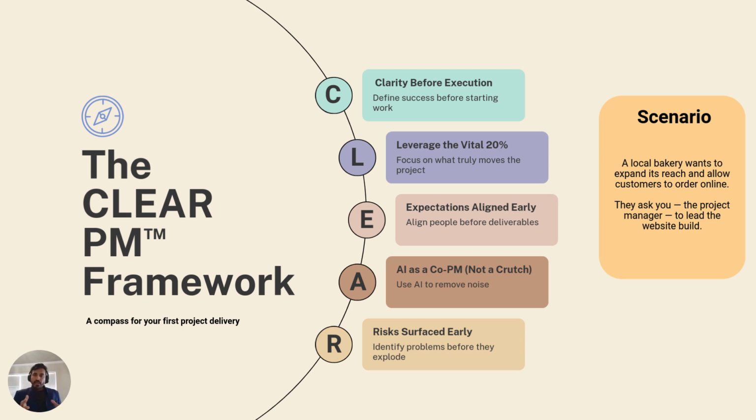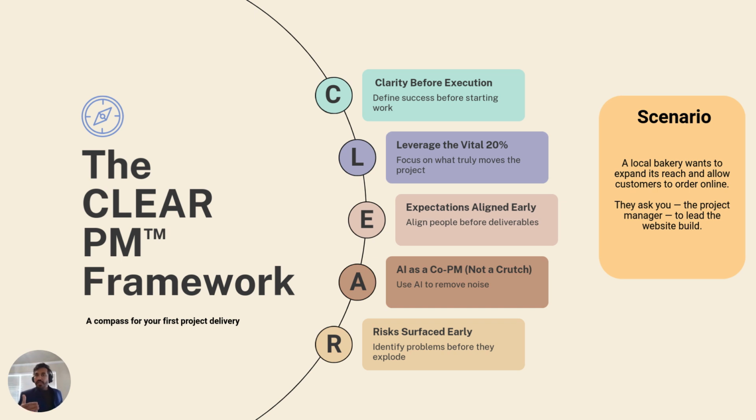A local bakery wants to expand its reach and allow customers to order online, right? Let's say I'm the local bakery owner. I have customers, but I don't have a website. I want my customers to order online from their home. And the bakery owner assigns you as the project manager, and your project is to build the website for the local bakery.